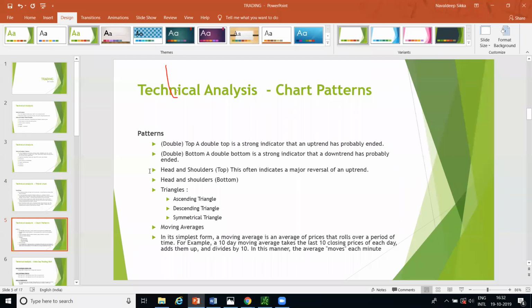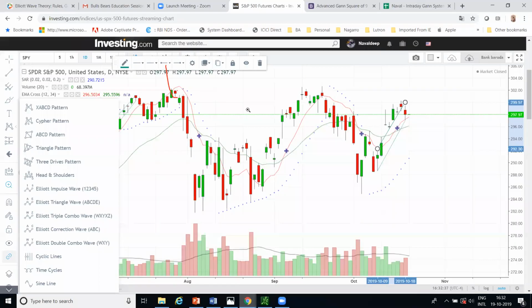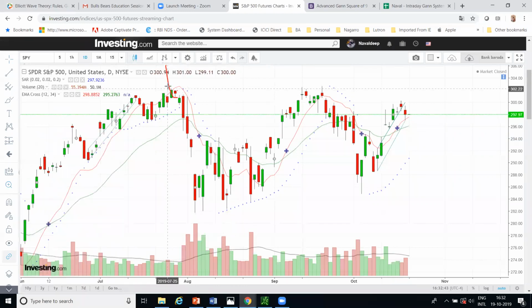Then we have patterns. Double top. A double top is primarily like, if you see in this example here, the market comes, you see this dotted line? The market comes in the range and then goes back.